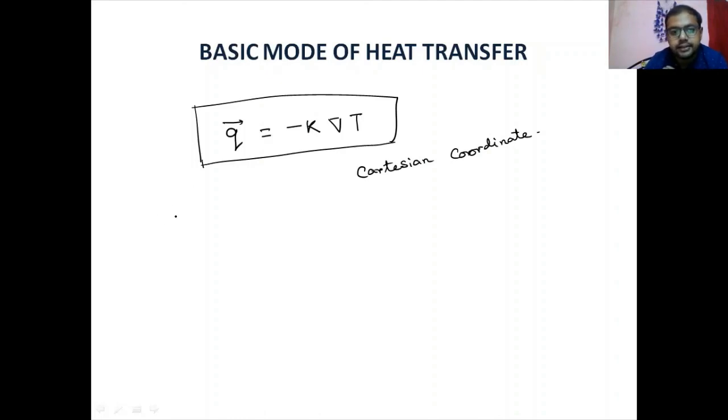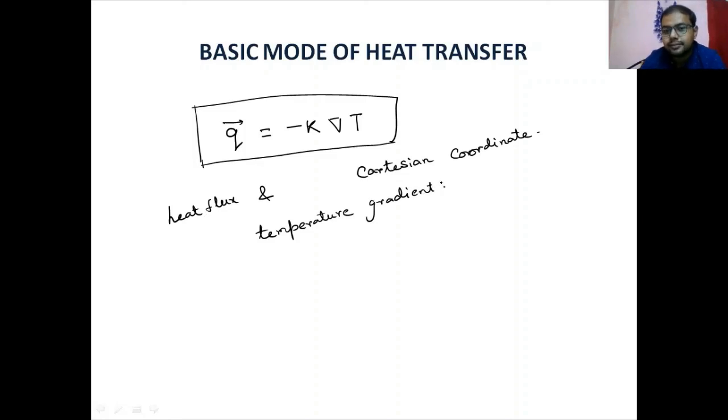So between heat flux and temperature gradient, what is creating the bridge? The bridge is created by k, known as the thermal conductivity.